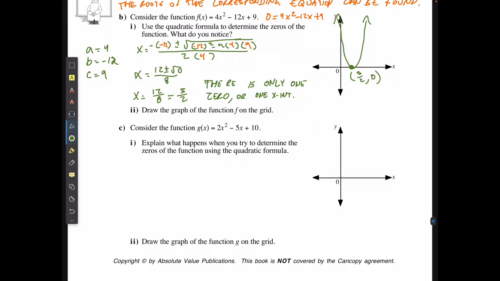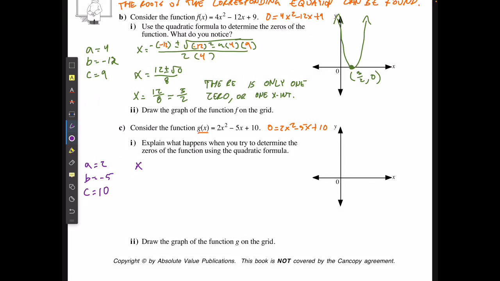In the second case, I would do the same thing. I'm going to replace the g of x in this case with 0 and say 0 is equal to 2x squared minus 5x plus 10. And here I have an a value of 2, a b value of -5, and a c value of 10.